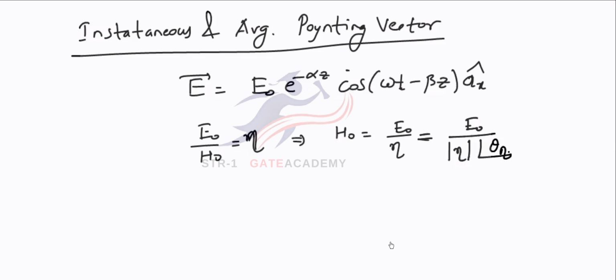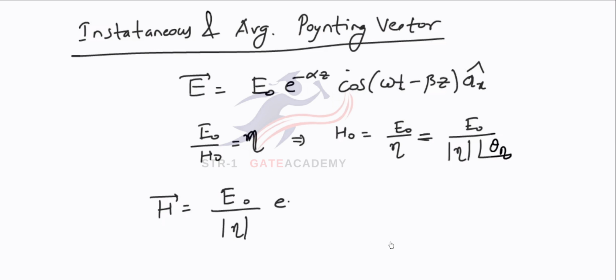Now I can calculate H vector from this. So magnitude of H will be E naught divided by mod of eta. This magnitude will be here, but this phase will be added in the phase of the magnetic field.